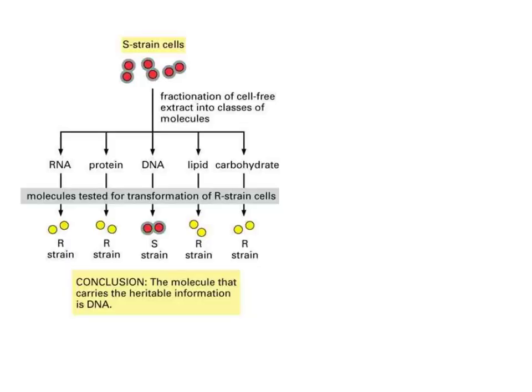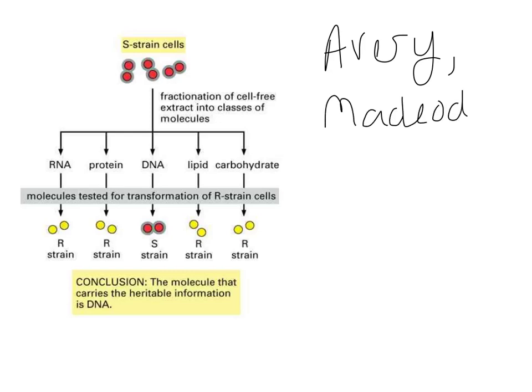So our next experiment here was done by Avery, and he was working with MacLeod and McCarty. And so this particular experiment took Griffith's experiments a step further. So these were a continuation or extension of Griffith's work with the S cells and the R cells, and they were able to prove that it was actually DNA that contained the heritable information.